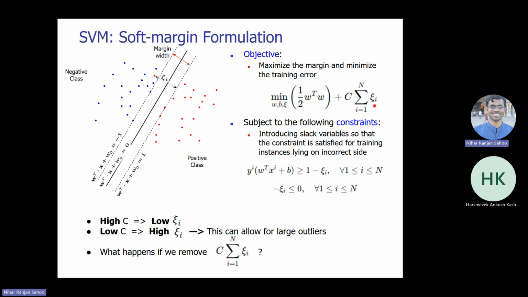So for those data points where xi is very small, we can assign C to be very large. But if xi is actually very large, let's say this is the data point for which we have assigned some xi, and it is really large, very far from, or let's say there is another point here.